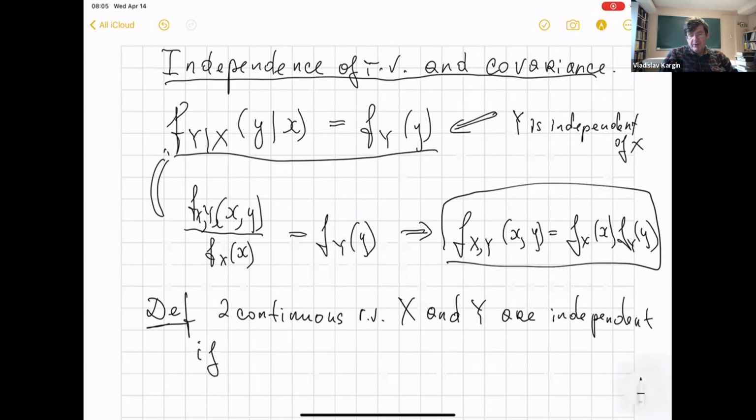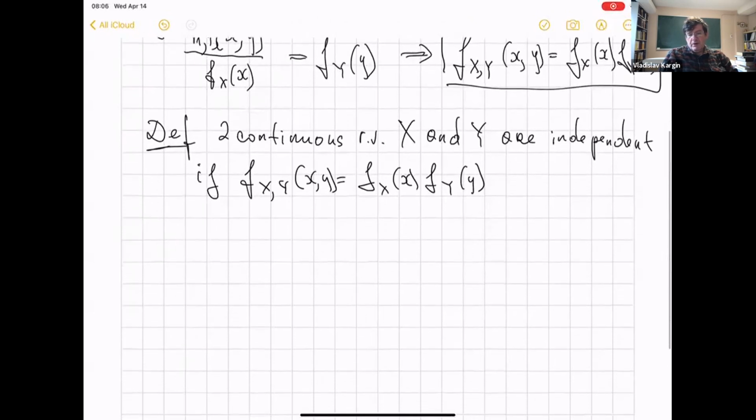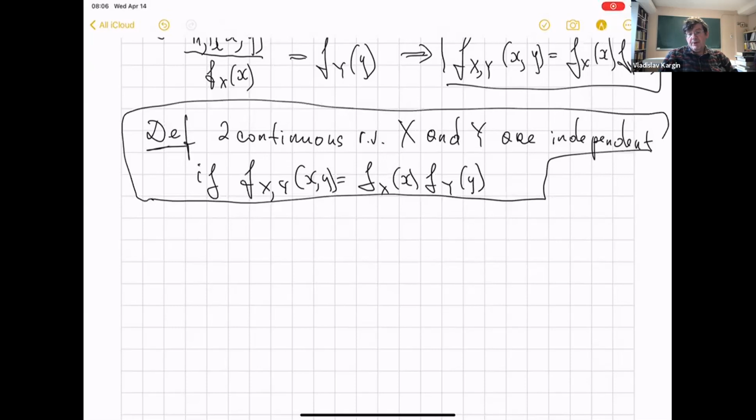Let me repeat it: f of x, y of x, y is equal to f of x of x times f of y of y. This is the definition of independence. They are not independent if they are dependent.